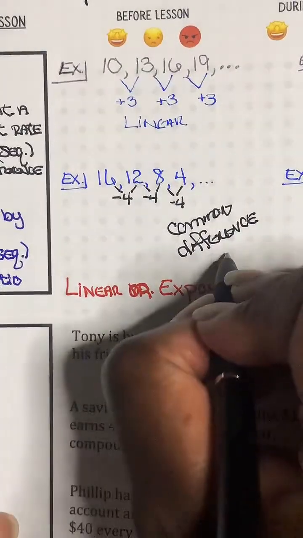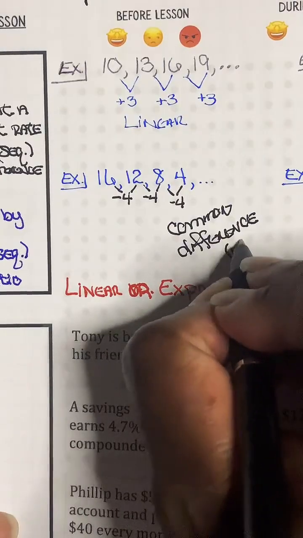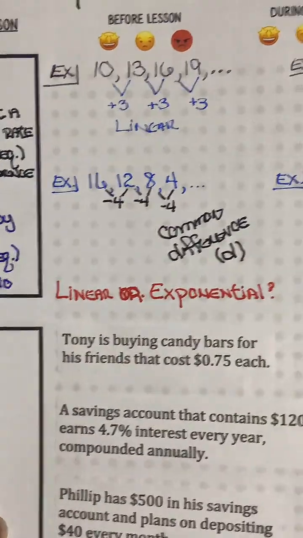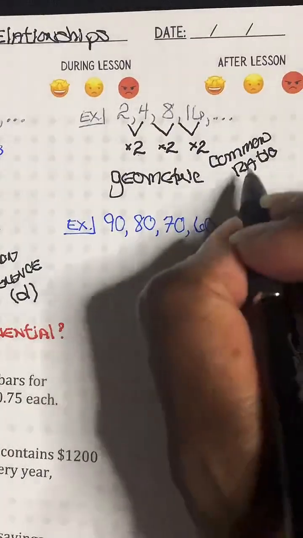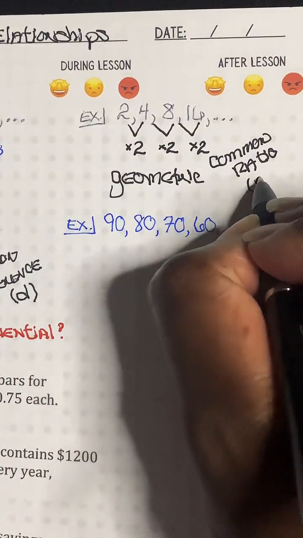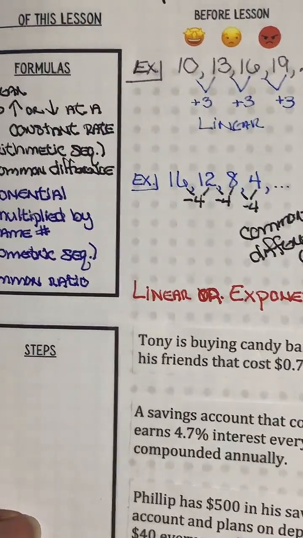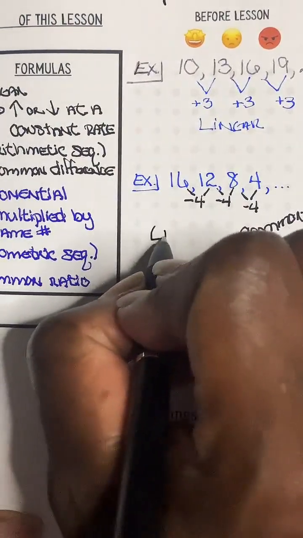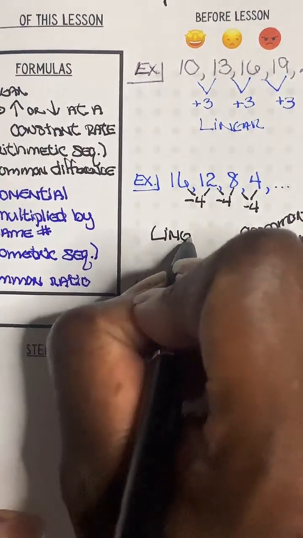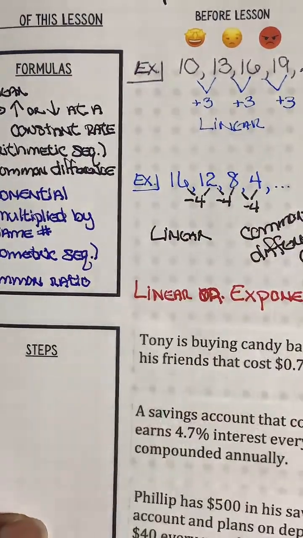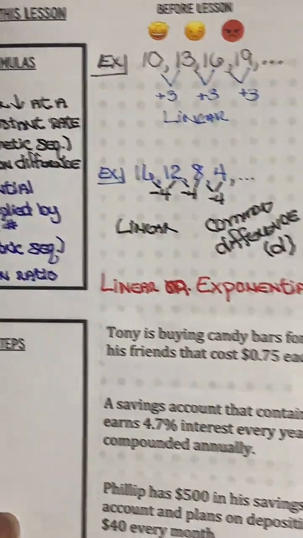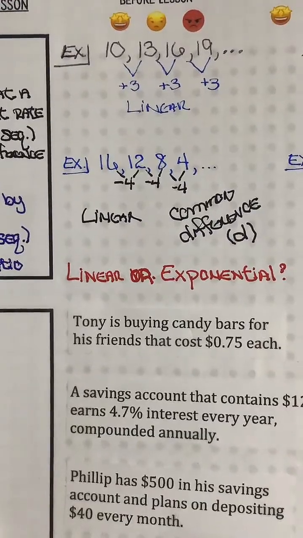Common difference is usually represented by the letter D, and common ratio is usually represented by the letter R. So that means this is linear.